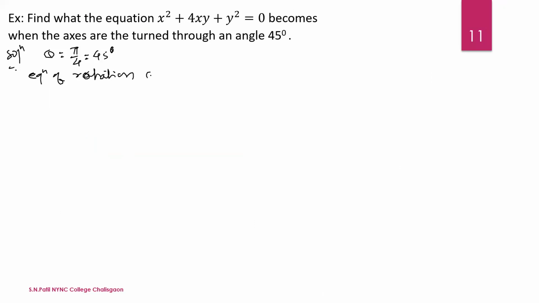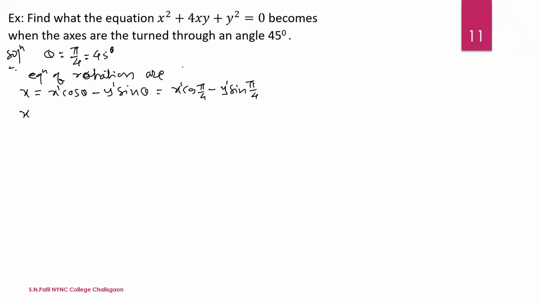The equations of rotation. The first equation is x equals x dash cos of theta minus y dash sine of theta. Now put the value of theta, then we get x dash cos pi by 4 minus y dash sine pi by 4.